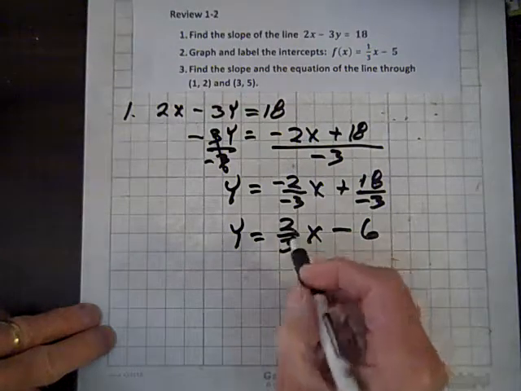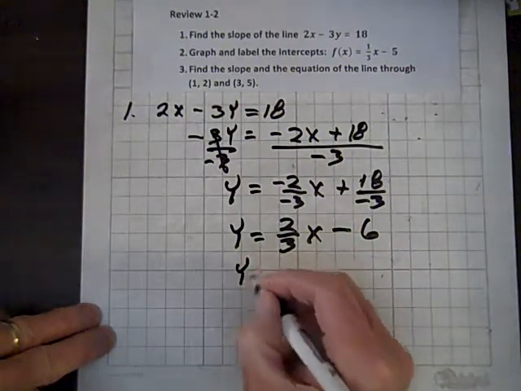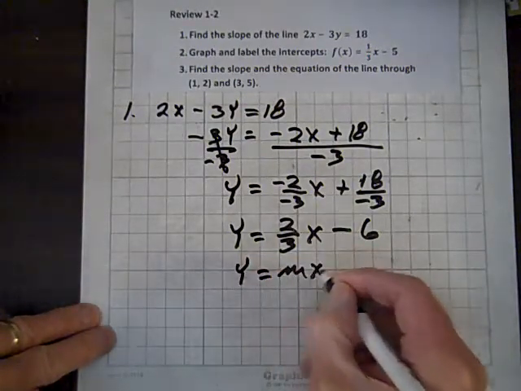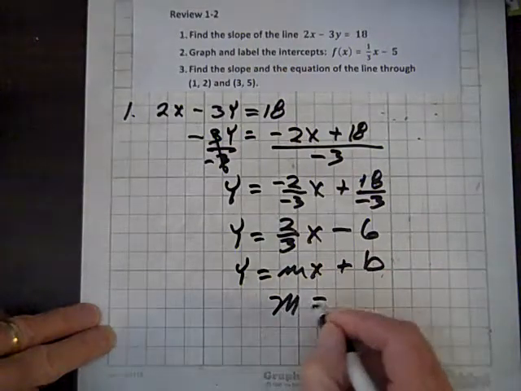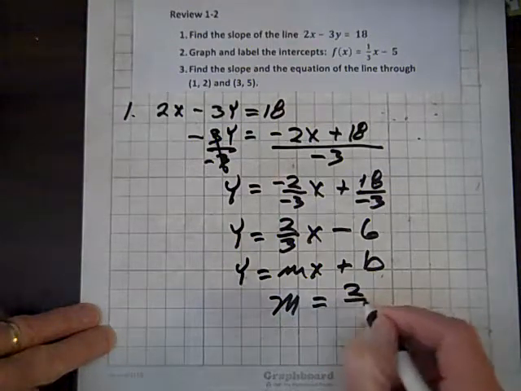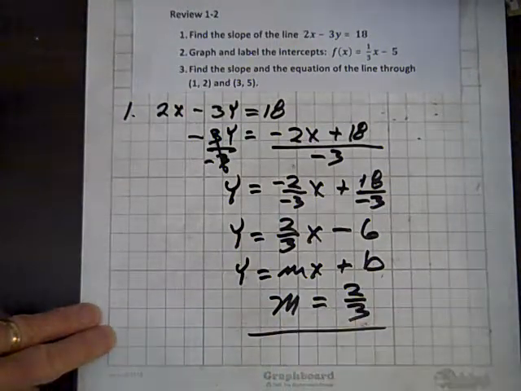And the slope, notice this has the form y equals mx plus b. So what's in the m position? What's the slope? The slope is 2/3, and we're done.